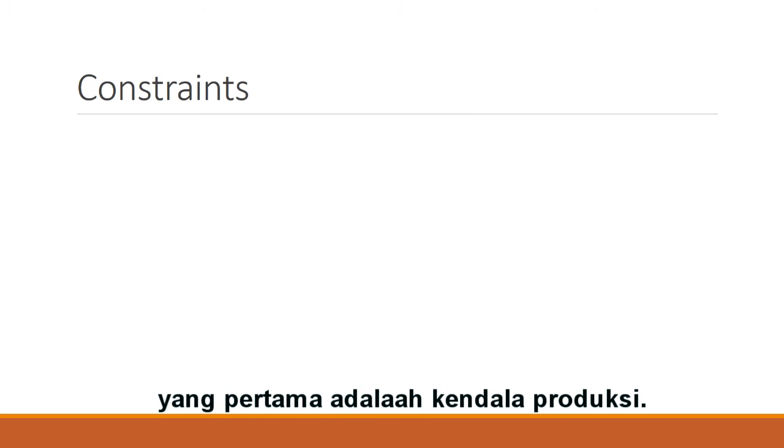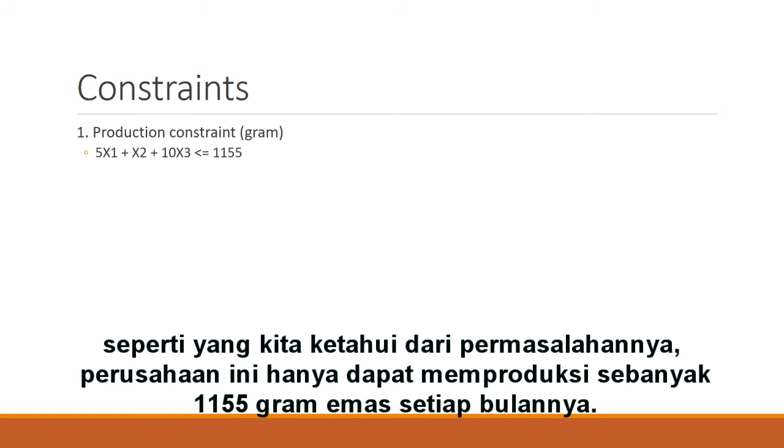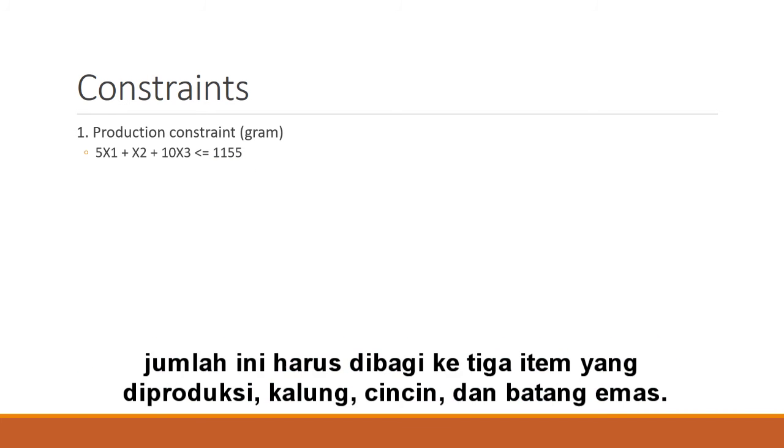The first one is the production constraint. As we know from the problem, the firm can only produce 1,155 grams of gold each month. This amount will be divided into the 3 items that they produce: necklaces, rings, and gold bars.